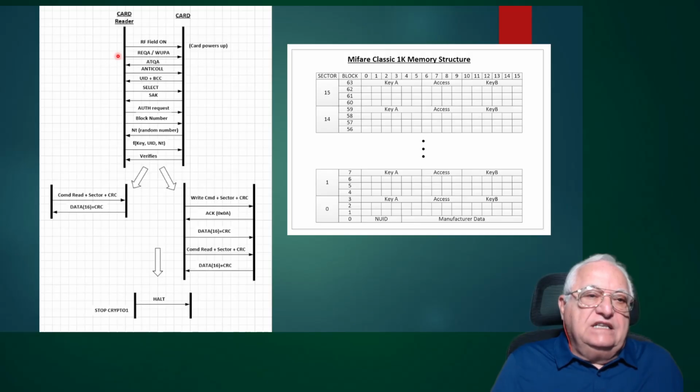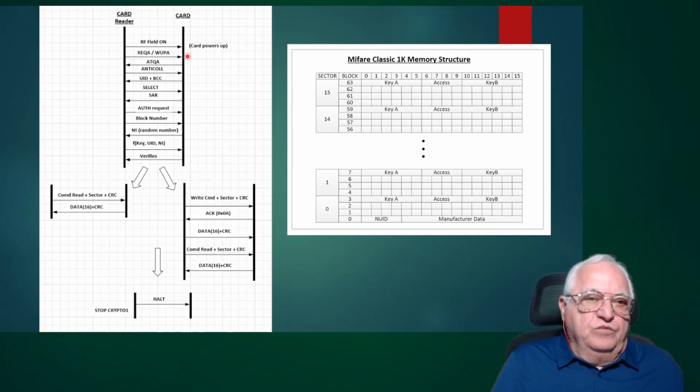That's basically a signal saying, hey, is there anybody out there? Anybody that is out there, please wake up. So there's a radiation field followed by a command that says, hey, any card within this field, wake up.